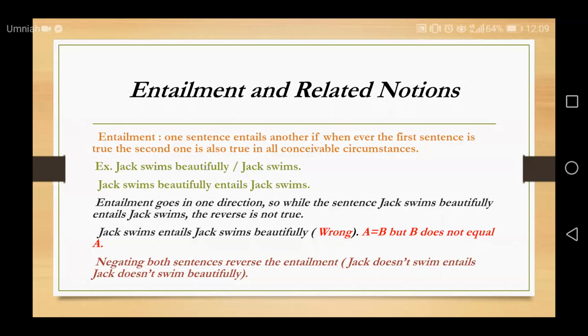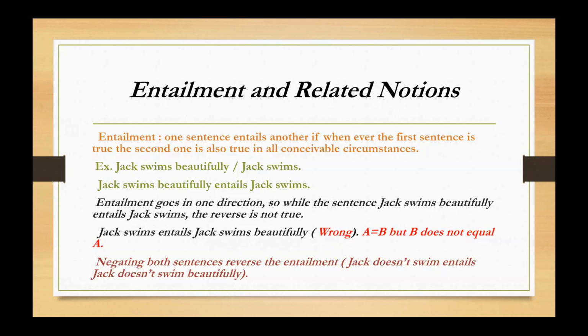Jack swims does not entail that Jack swims beautifully, because as Ahlam mentioned, he can be a poor swimmer. Exactly. So Jack swims entails Jack swims beautifully is a wrong sentence. If A entails B, B doesn't entail A.